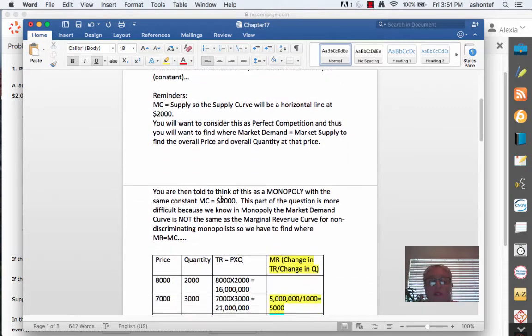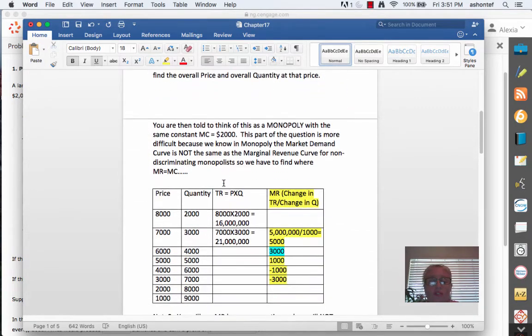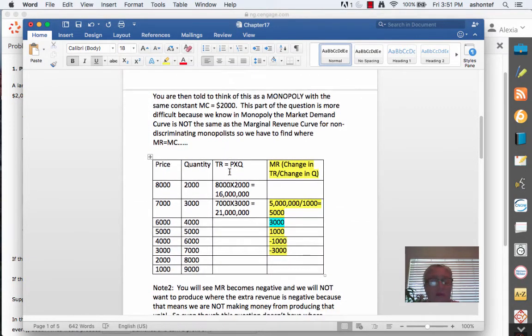Then moving on, you're told, given the same information, marginal cost still $2,000, but now you want to think of this as a monopoly, the market. Rather than this being a perfectly competitive type of industry where the demand and marginal revenue curves are one and the same, in this case they're not.